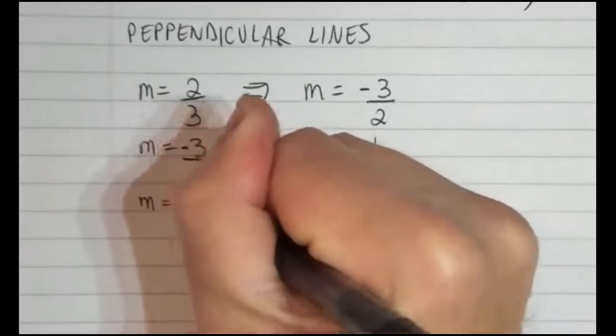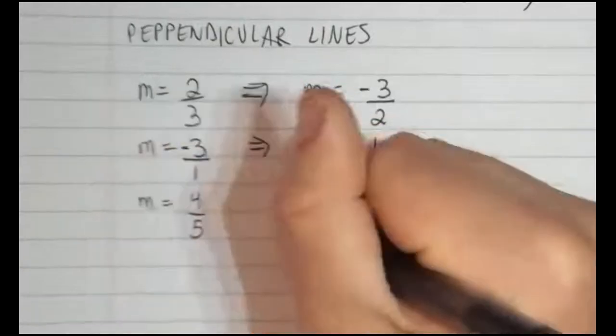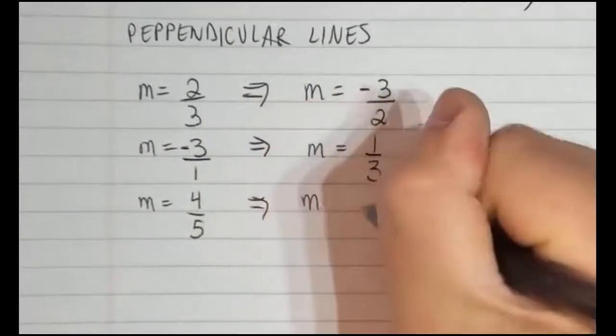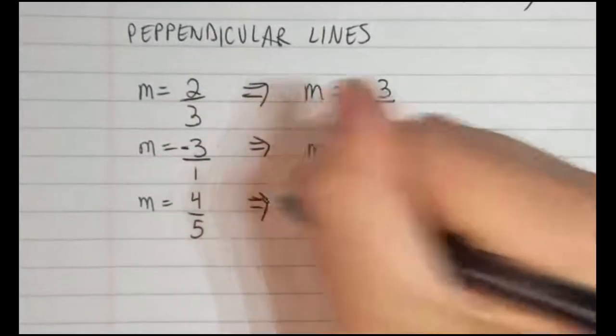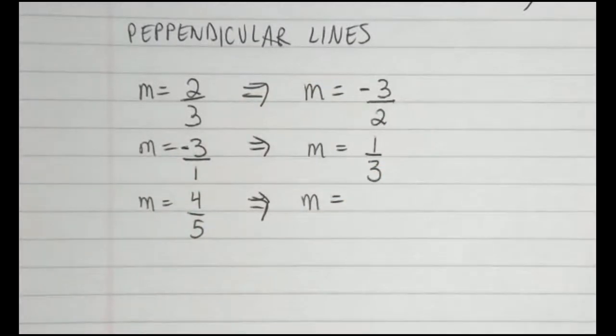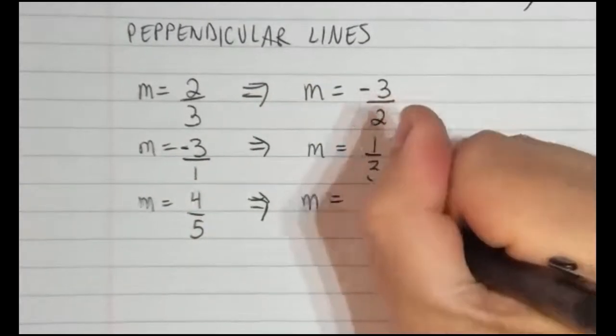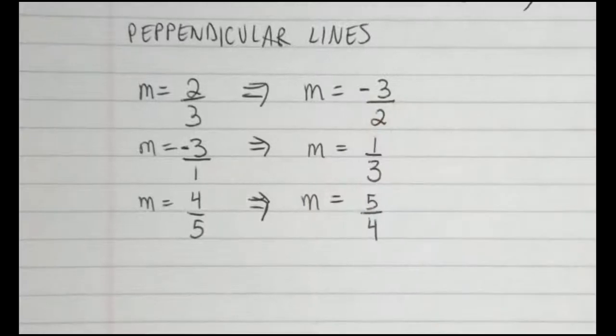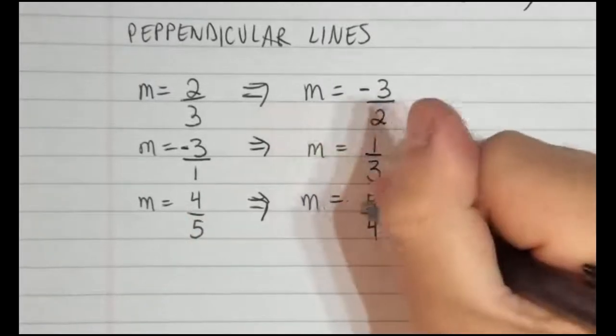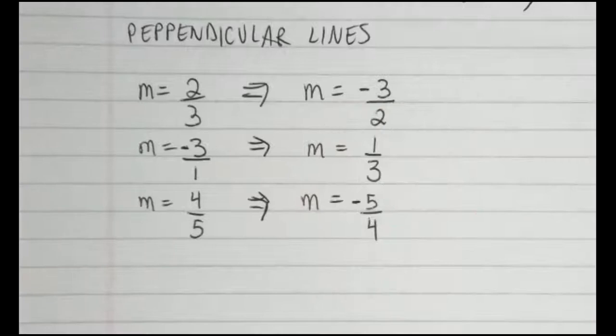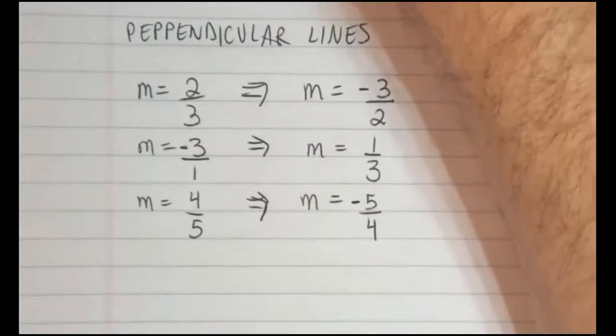One more example. Let's say we have 4/5. What would the perpendicular slope to that be? Again, you have to flip it around, and one's positive, the other one has to be negative. All right, so let's get into some examples of these.